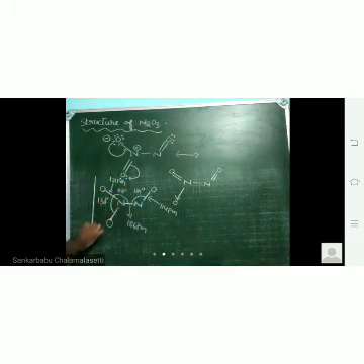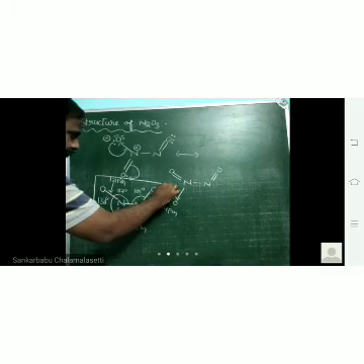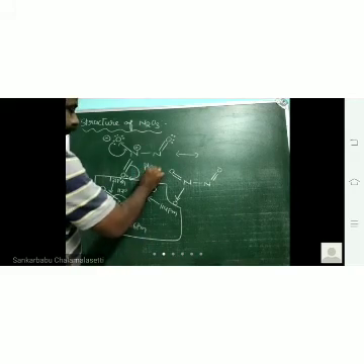This is the structure of N2O3. So the structure of N2O3 is planar.